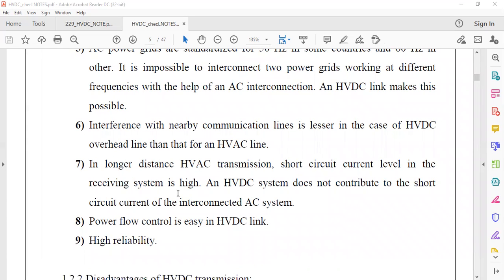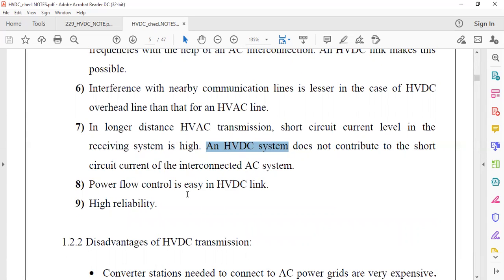Radio interference. In longer distance transmission, the short circuit current level in the receiving system is high with HVAC, but HVDC does not contribute to the short circuit level, right?